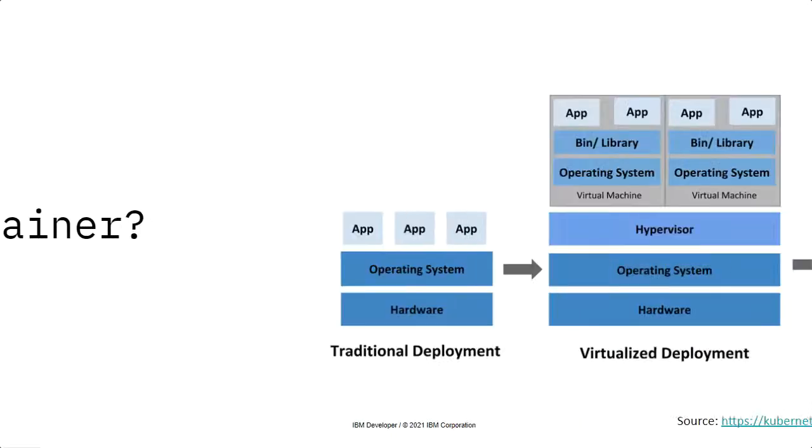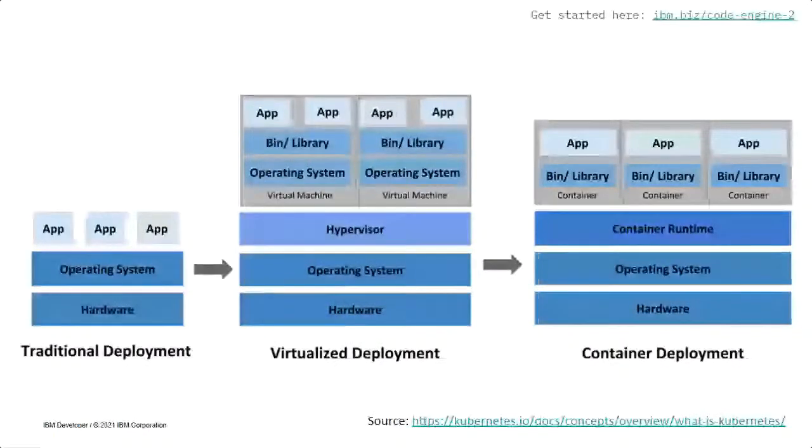This is a really nice diagram that I like to use to explain the story of how we went from traditional deployment all the way to container deployment. Back in the early days, traditional deployment was where organizations would host their applications on physical hardware with its own operating system.